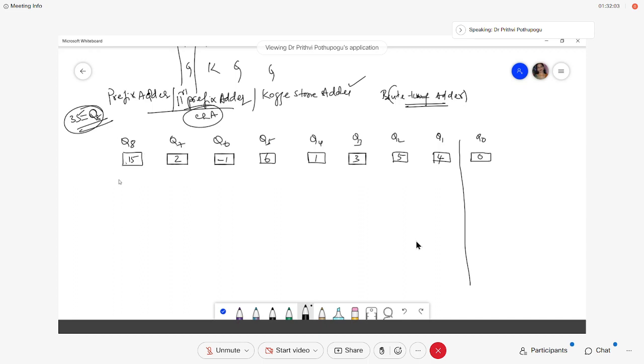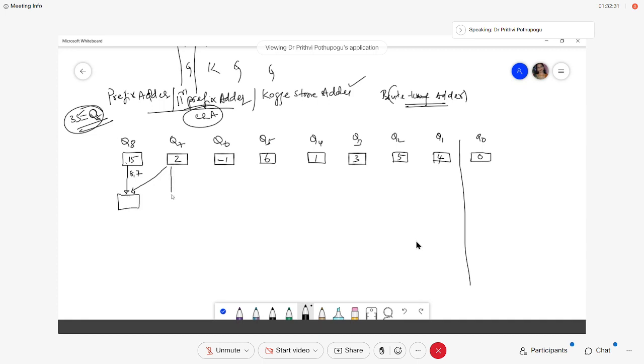And it will be storing that value after addition. If Q8 stores the value of 8, 7 added, something like this you can visualize.